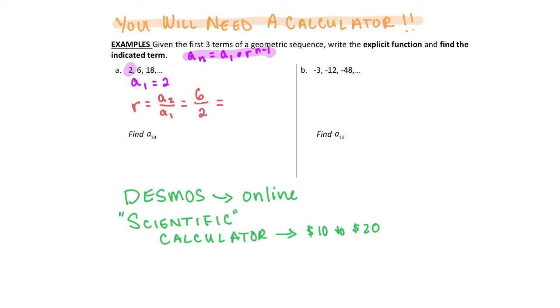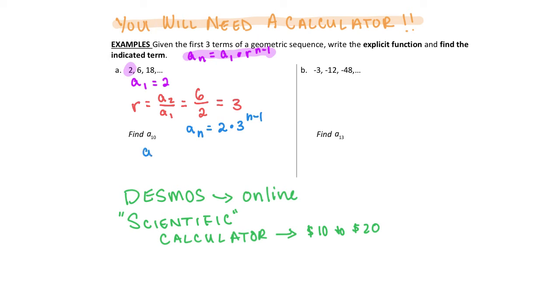So this is going to be 6 divided by 2, which is 3. So there's my r. I'm ready to write my common rule. So a sub n for this function is going to be a sub 1, which is 2, times 3 raised to the n minus 1.